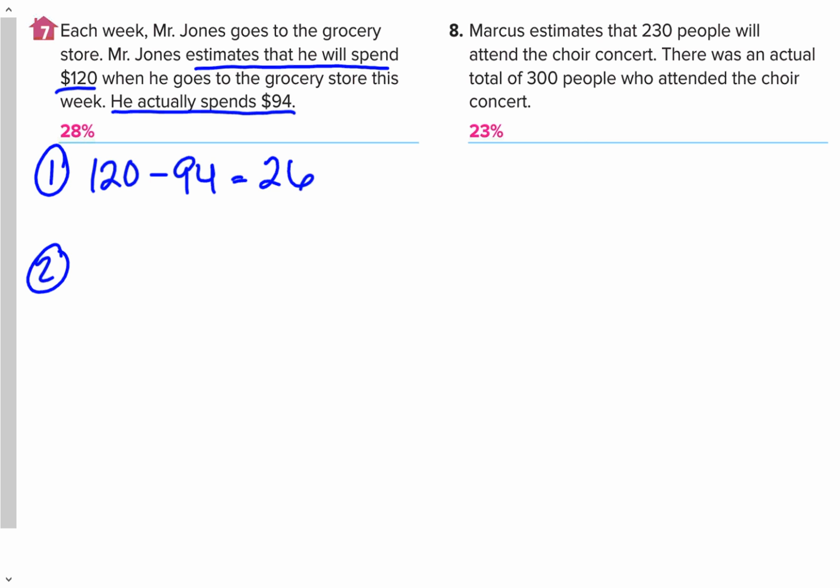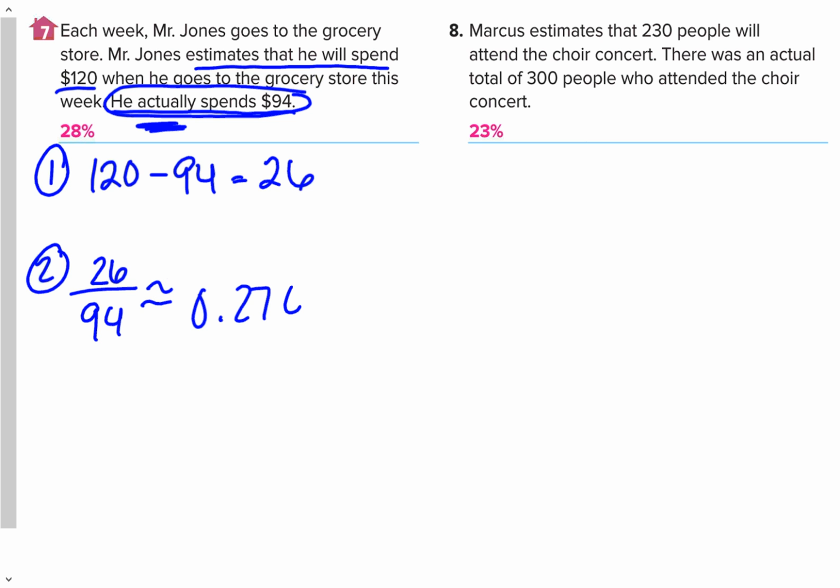Our second step is to set up the percent of error, which is the amount of error over the actual amount. So just remember you're looking for the word actual. So that's over 94. So this is going to be just about 0.27659-ish.